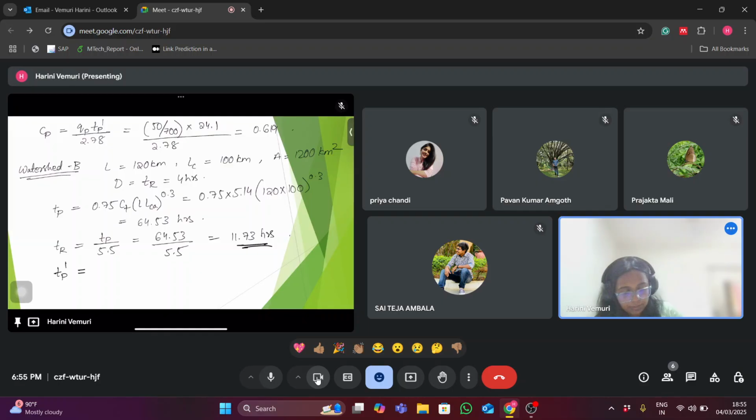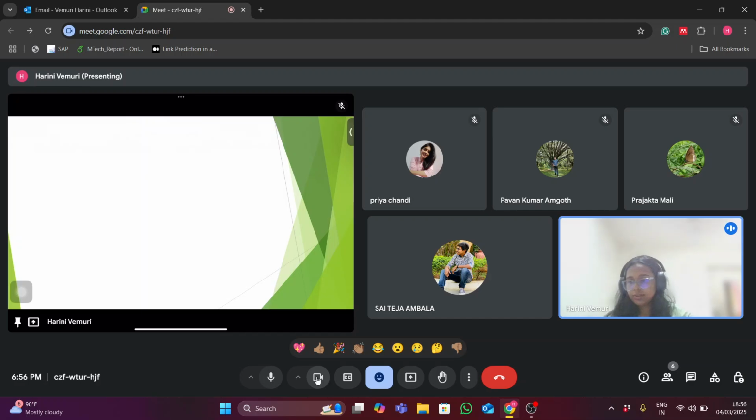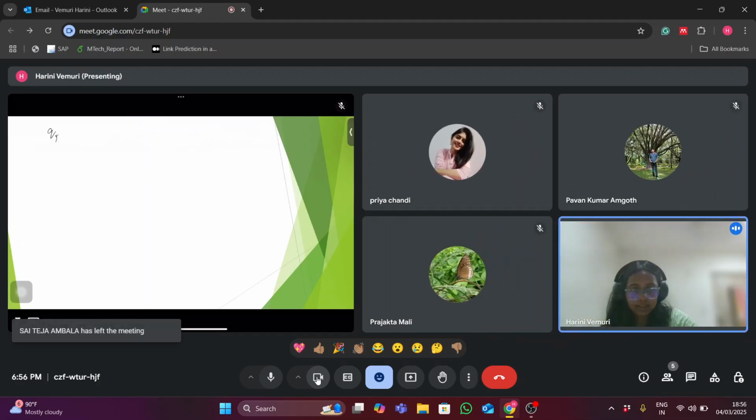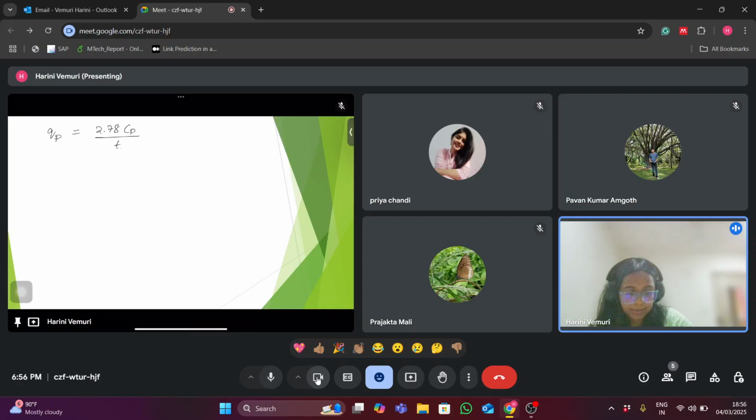So we have to estimate the new Tp, that Tp dash is equal to Tp minus (11.73 minus 4) by 4, which is 62.59 hours.